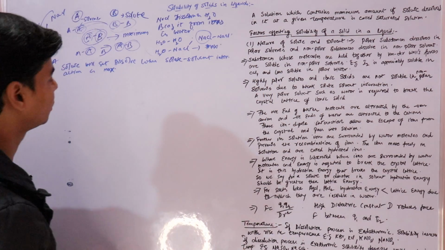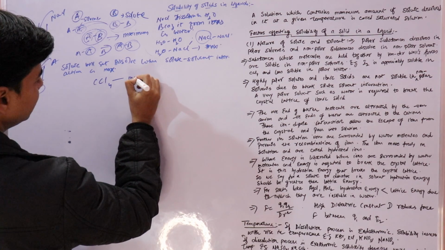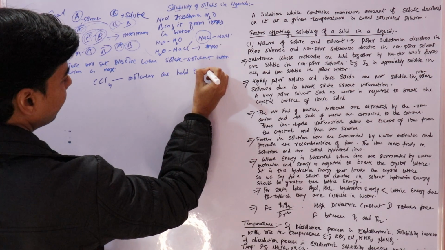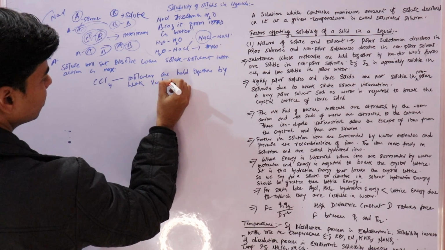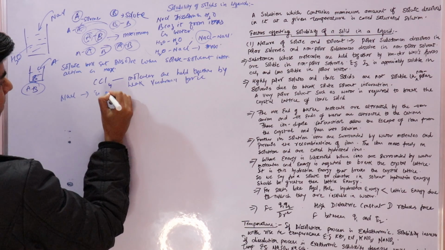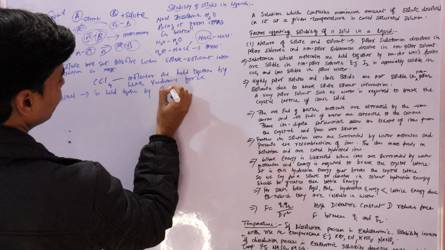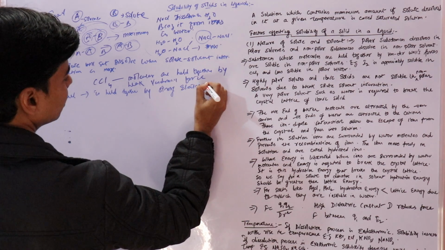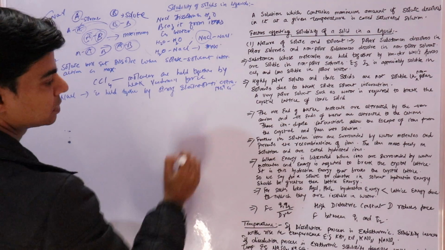We know that carbon tetrachloride molecules are held together by weak van der Waals forces, whereas sodium chloride is held together by strong electrostatic attractions, due to sodium and chloride ions.